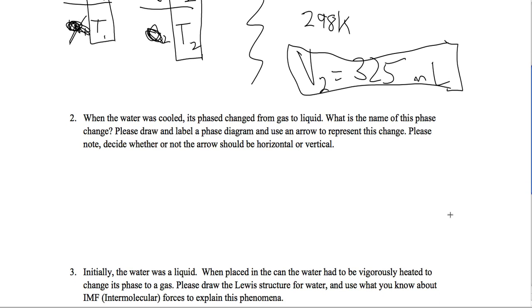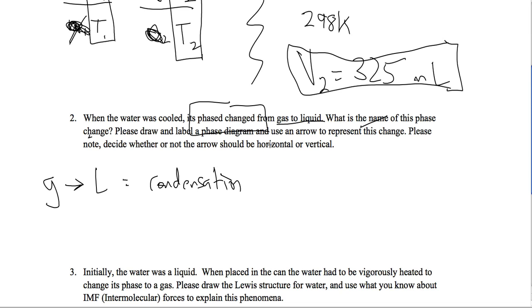When the water was cooled, its phase changed from a gas to a liquid. When a gas turns into a liquid, that's called condensation. So what is the name for that phase change? We answered that. Please draw and label a phase diagram. So let's do that first. P, T, solid, liquid, gas. Please draw an arrow to represent this change.